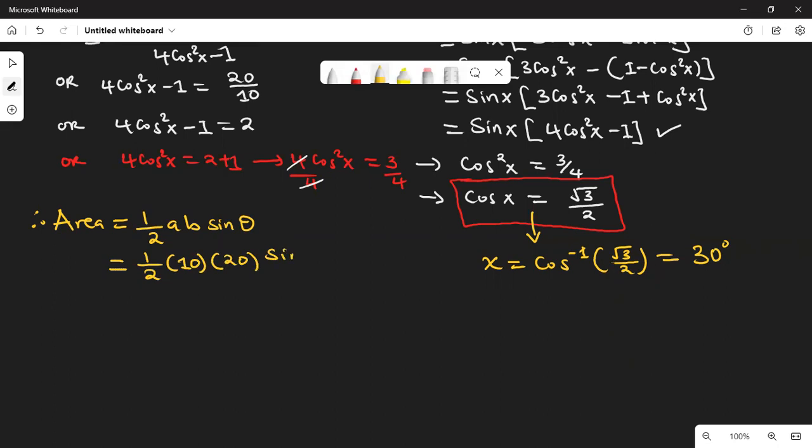sine of 60 degrees. Now, how do we find sine 60 degrees? Let me take you here. You can write a note. How to get sine 60? You will draw this kind of a triangle, an equilateral triangle where all sides are equal.